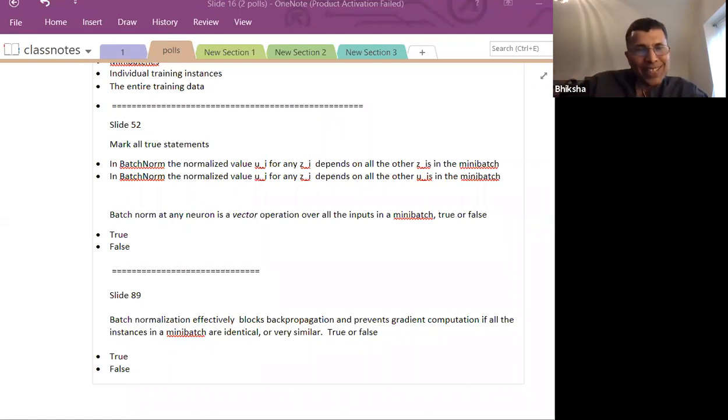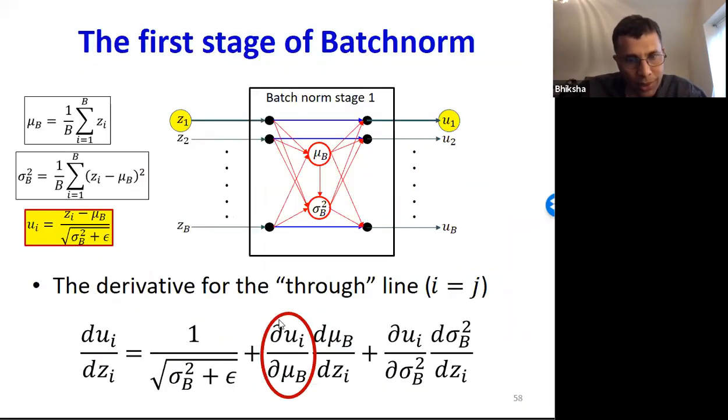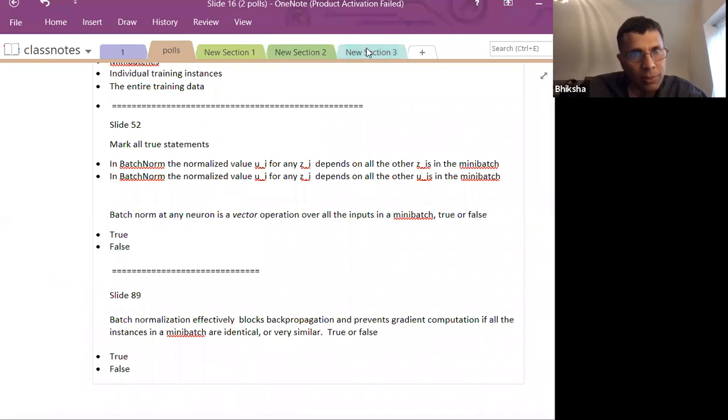All right. So here is the fun thing. The normalized value of u, which is z hat for any z, depends only on the remaining z's, but it doesn't depend on the other u's. Remember this picture here?